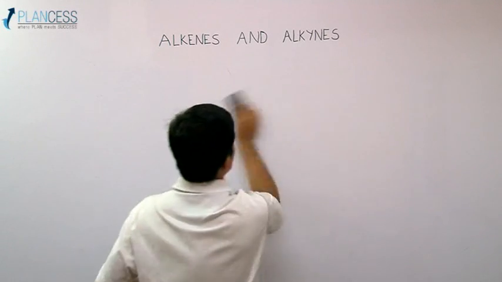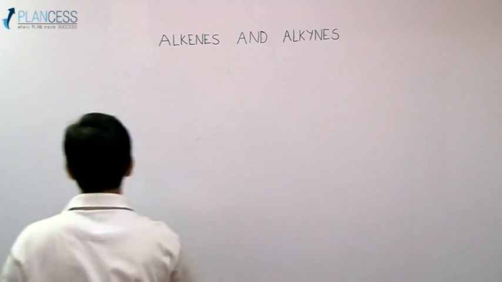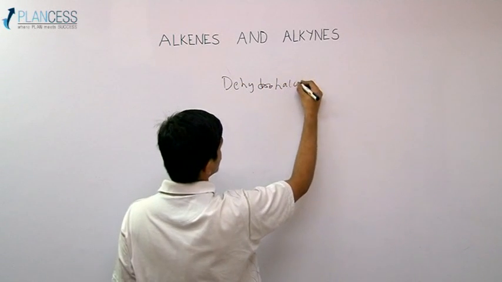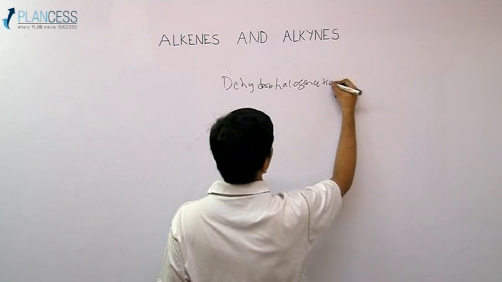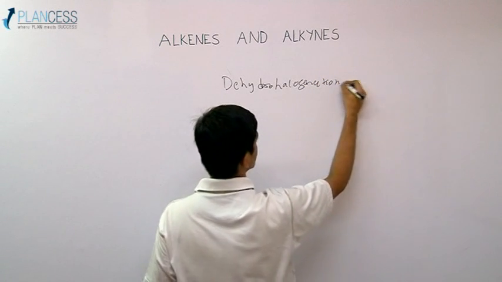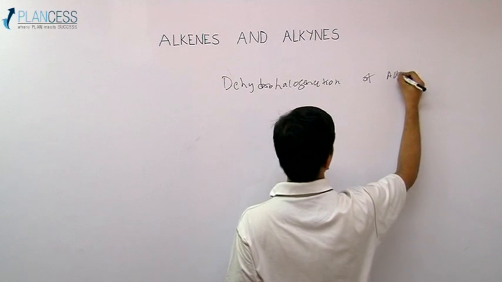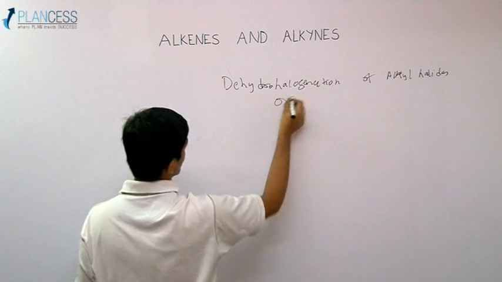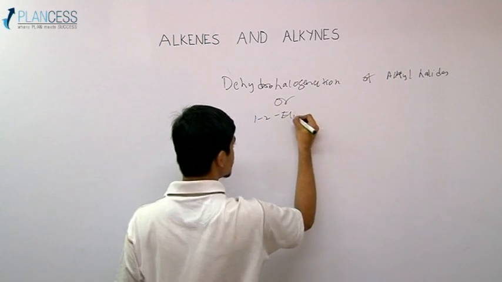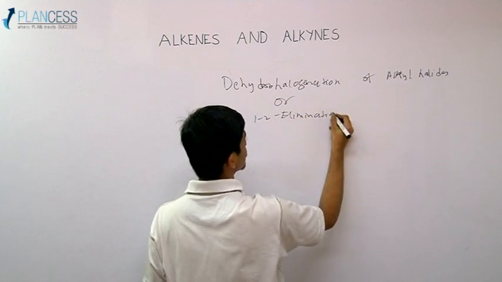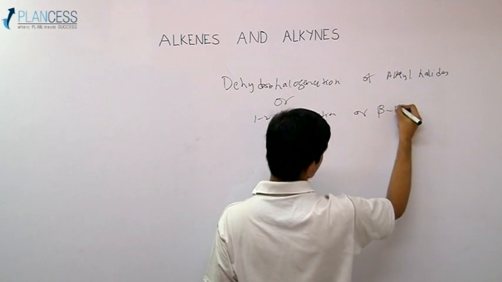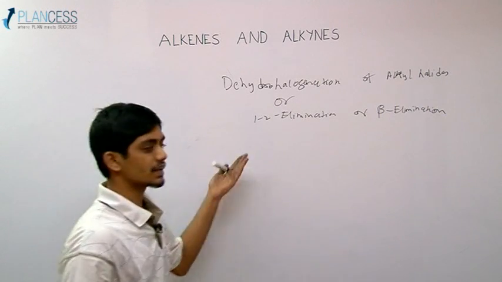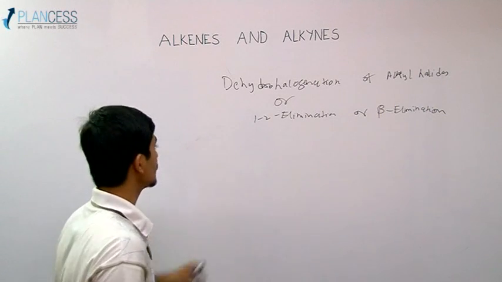So let us now move on to the dehydrohalogenation of alkyl halides, or it is called 1,2 elimination, or it is called beta elimination. Now all these three names will be clear when I write down one simple reaction over here.